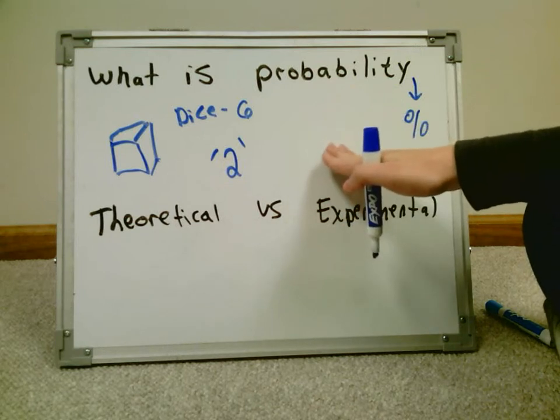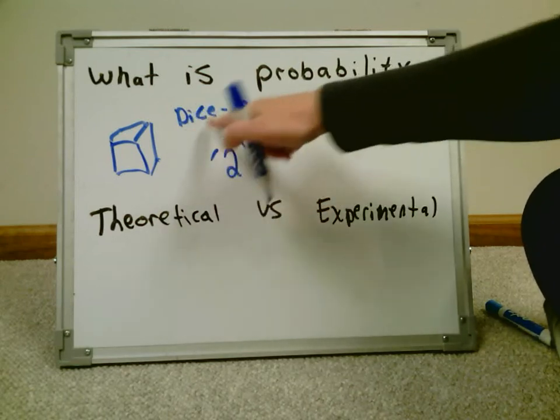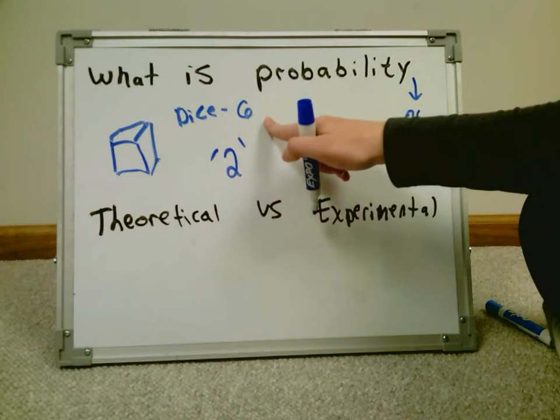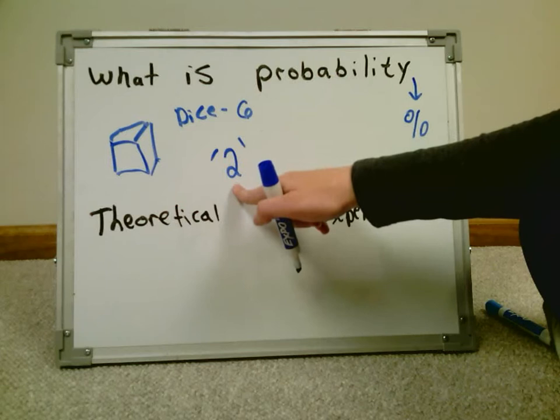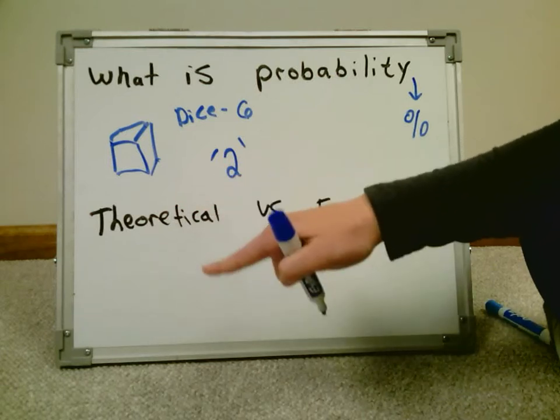You're basically going to take the amount of outcomes. So out of rolling a dice that has 6 sides, I want to know what are the odds that I'm going to pick specifically a 2. So how many times does 2 appear on a dice?